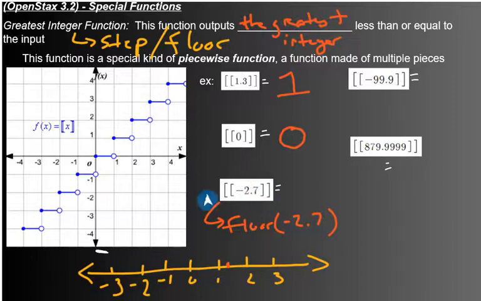Negatives are kind of harder sometimes to think about. So if you're over here, let's say that is about -2.7, you can see that the output, the answer here, is -3. So it will always just go down.